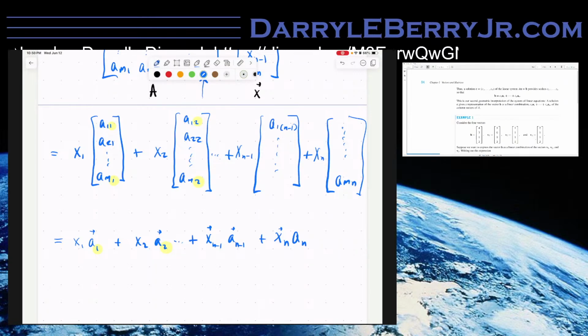Thus a solution C of the linear system Ax equals b provides scalars. Okay.